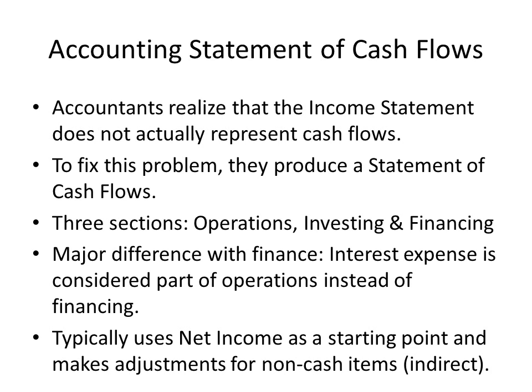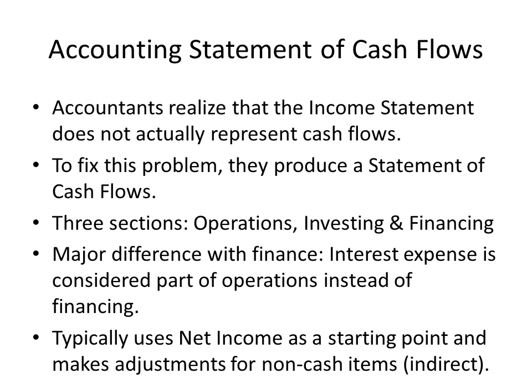Now this is an area where we have a major difference between finance and accounting. In accounting, interest expense is actually considered part of operations, but in finance, we think that interest should be considered a cost of financing, which in fact it is. When we borrow money, we have to pay interest. That's a cost of financing.